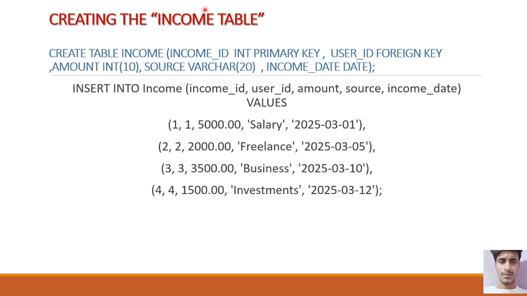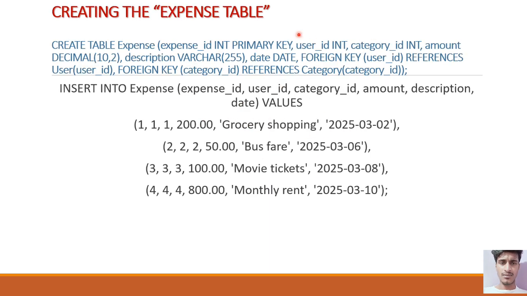Next it is the income table. For this income table I have inserted mainly 4 values. Create table income, with the column names, and these are the values inserted. This is also the same for the expense table. Using the expense table name, I have inserted the values here.